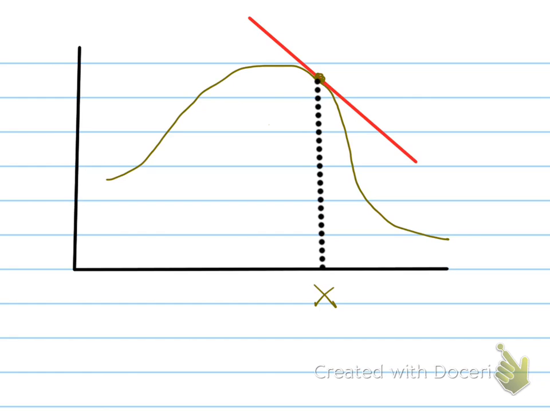If we wanted to find the average speed or the average rate of change over the course of that trip, we would take the distance of the entire trip and divide it by the time that the trip took. If we wanted to find out the actual speed or the actual rate of change at any moment, we would take the derivative at that value, at that moment, at that x.